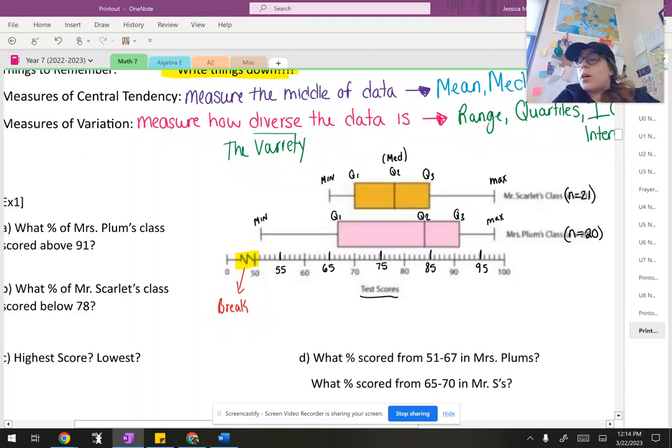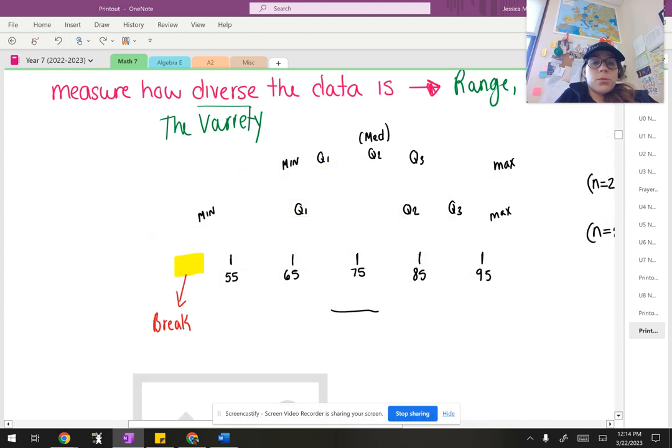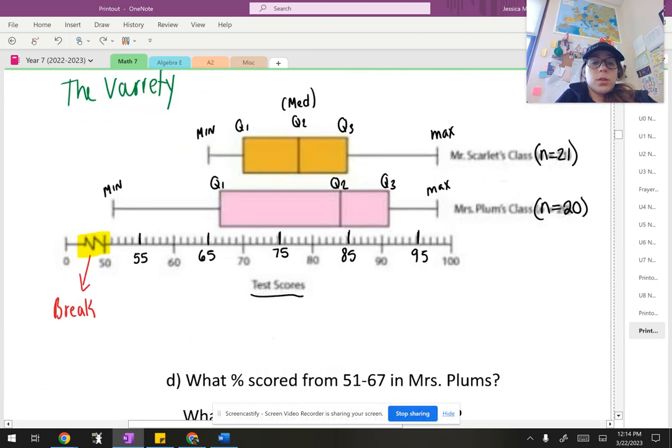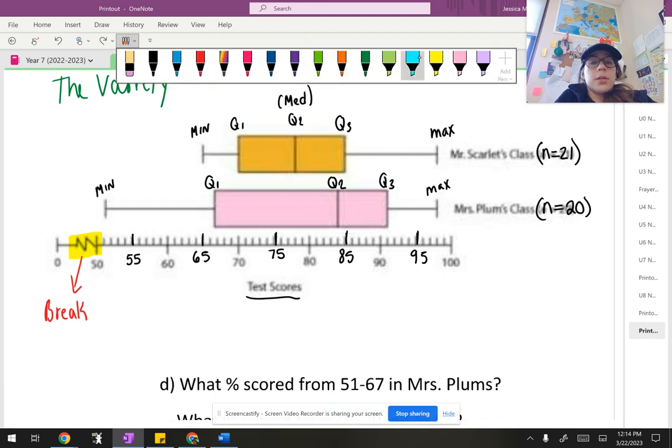Okay, so let's take a look at some of the questions that it's actually asking me to find now. Question A wants to know, and this is where your highlighter is going to come in handy, what percent of Mrs. Plum's class scored above a 91? So Mrs. Plum is the pink one. Make sure you're looking at the right graph.